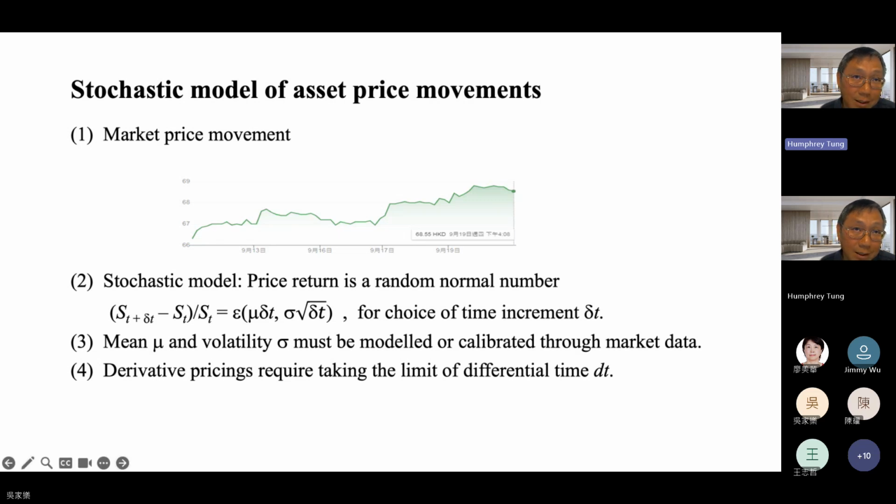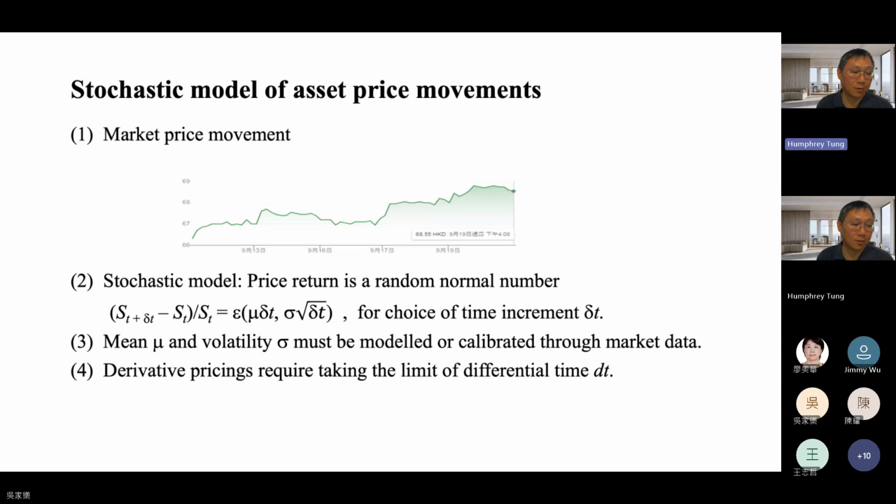Sigma may be the standard deviation of historical price return, say over the last 5 years. Go back to that page. There are a lot of things to say about these two parameters, but just remember, you cannot simply put in two numbers for mu and sigma. We need to calibrate according to the market.